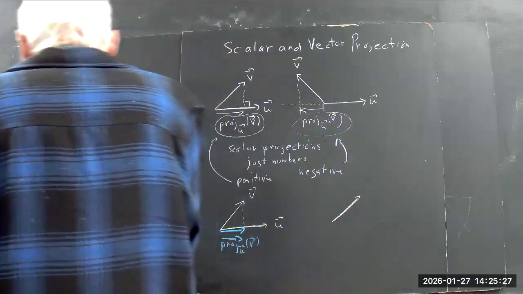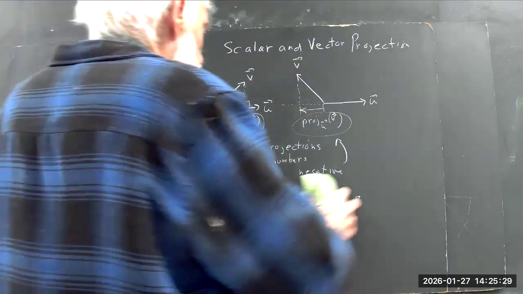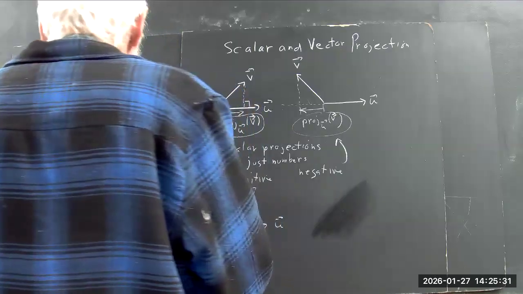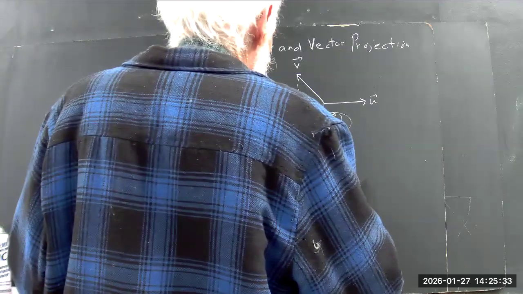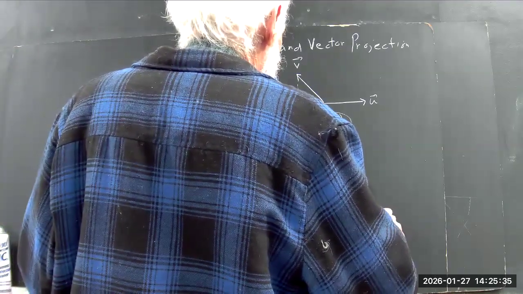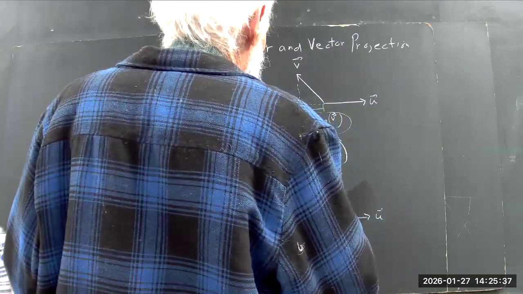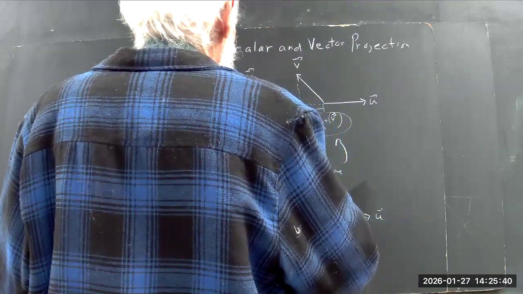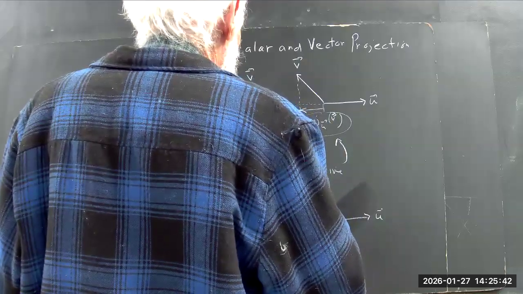Okay, so I can draw this picture, a picture with u to the right, and v making an obtuse angle with u.